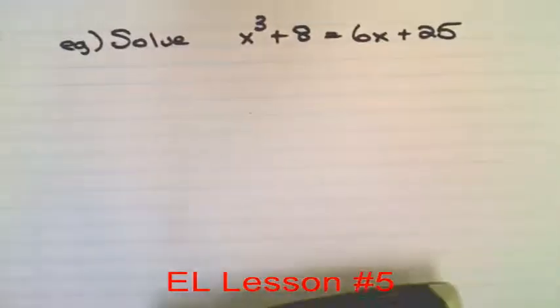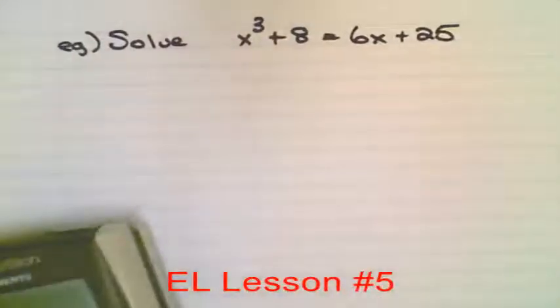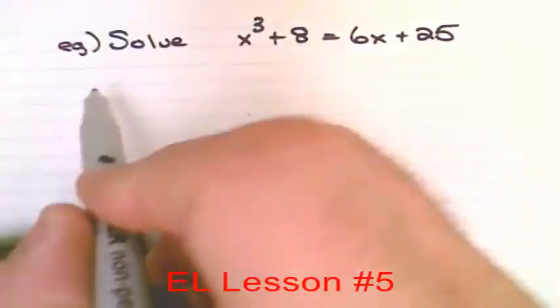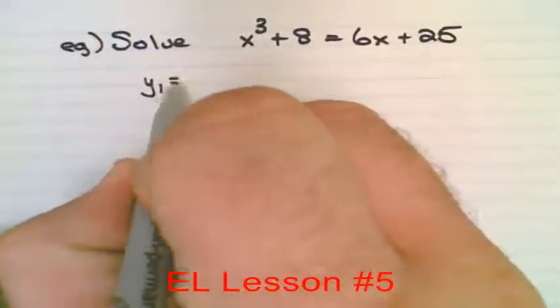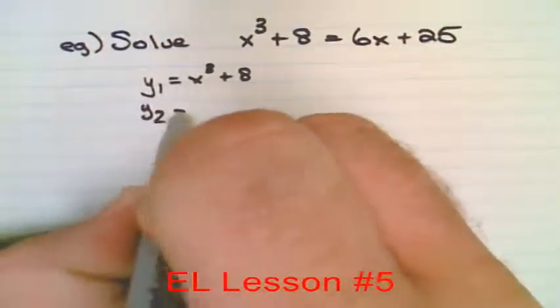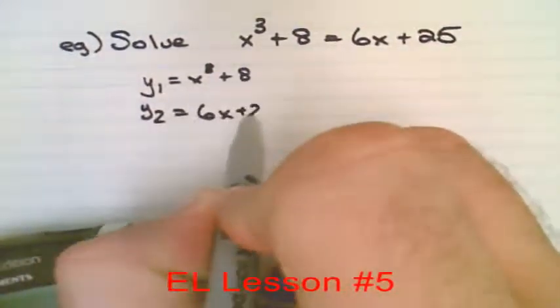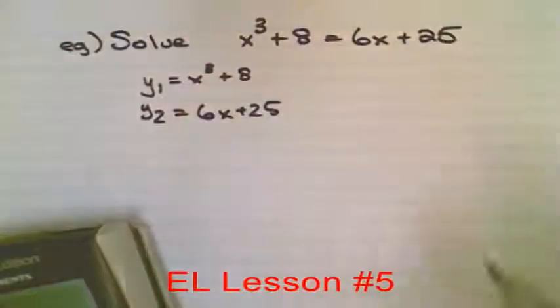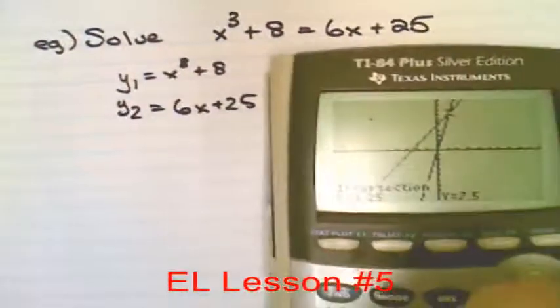This is a pretty long equation. In fact, we can't do this algebraically, at least not in Math 30-2. You probably couldn't do this algebraically no matter what in high school because we don't have any ability to factor this. But nonetheless, what I do, I sketch one side as y1.